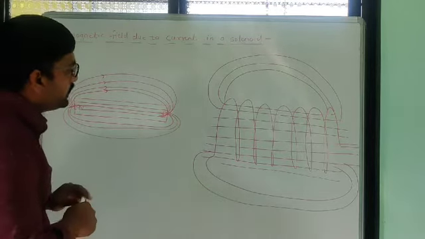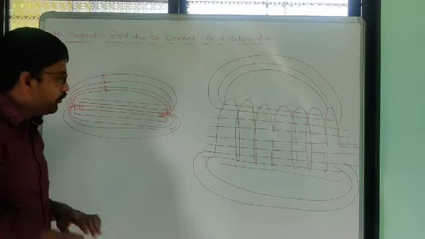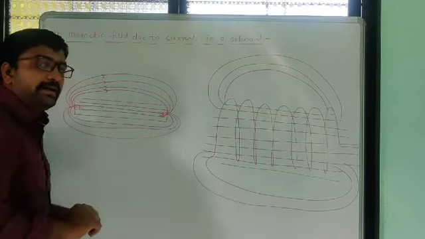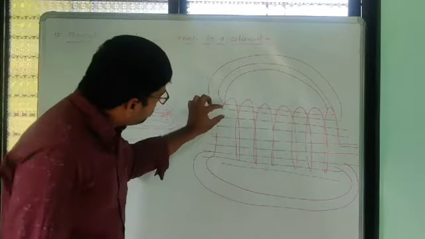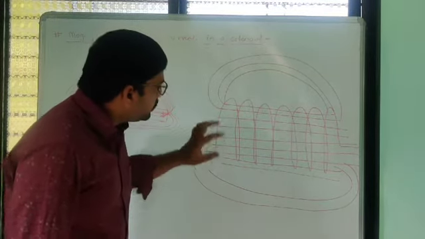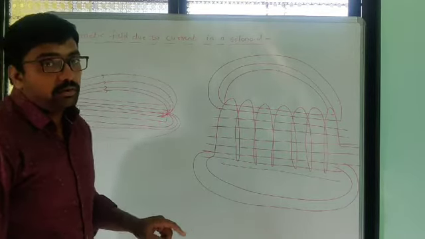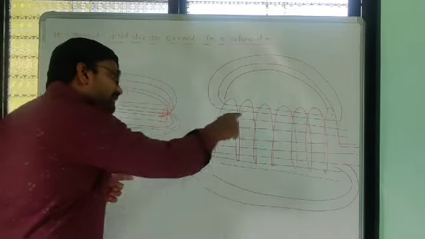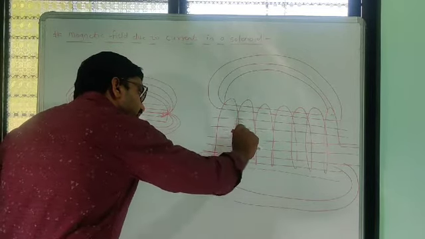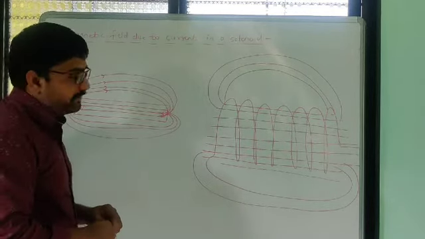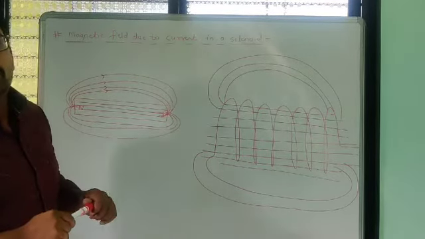If we see two nearer lines, we will see that the spacing between two lines is the same. Here also, the distance between two lines is the same in the case of the solenoid. So both cases are the same inside: inside the solenoid the spacing between two close lines is the same, and inside the bar magnet the spacing between two lines is also the same.